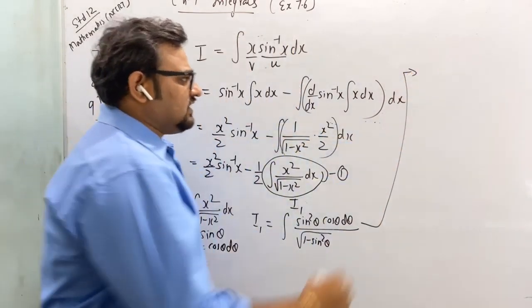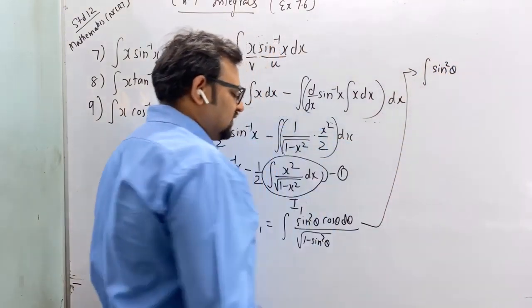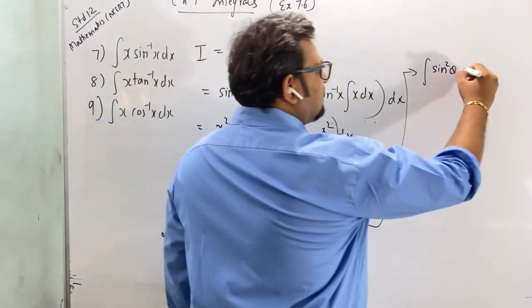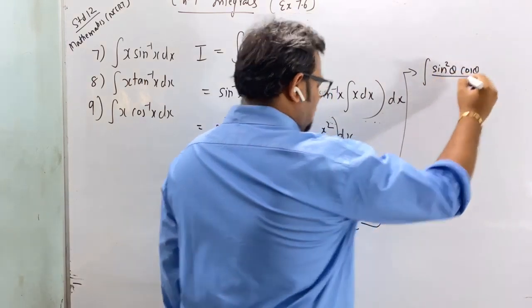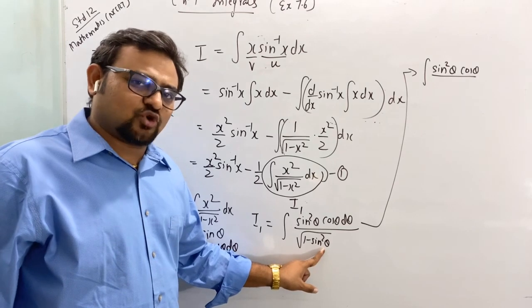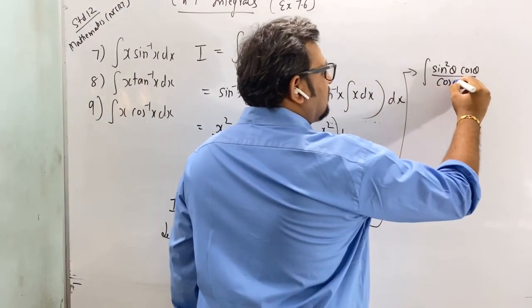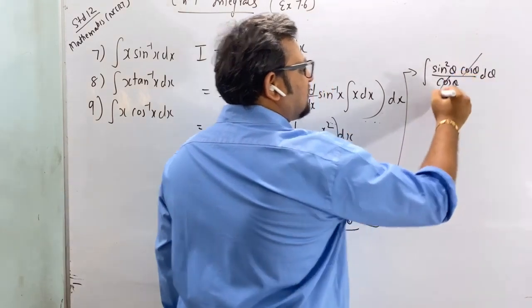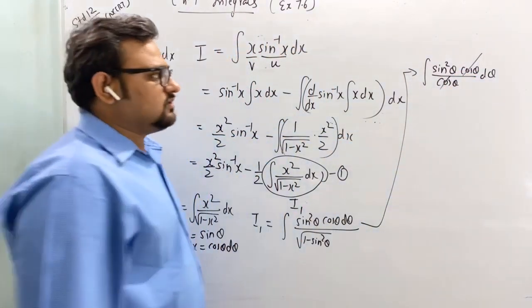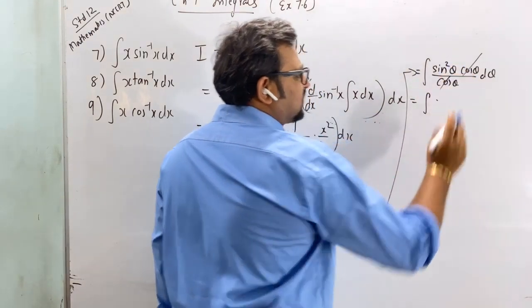So now see, integration of sin square theta cos theta upon root of 1 minus sin square, that is cos square theta, square root, cos theta d theta. Cos theta gets cancelled. So this will be equal to integration of sin square theta.